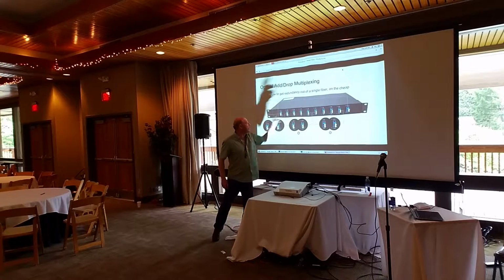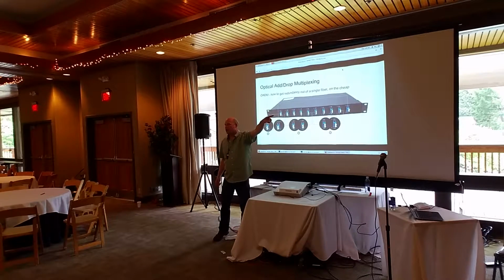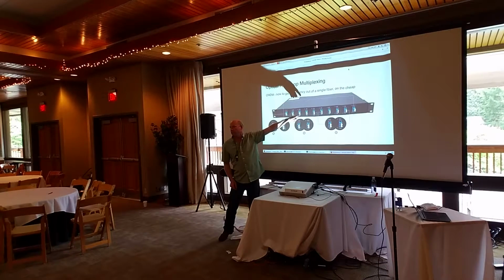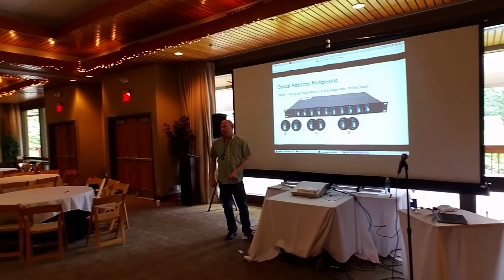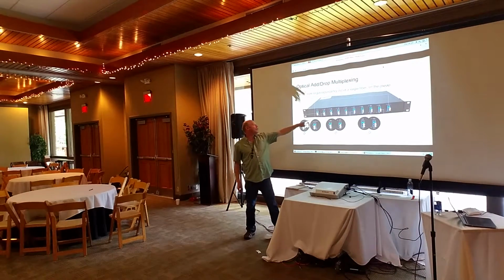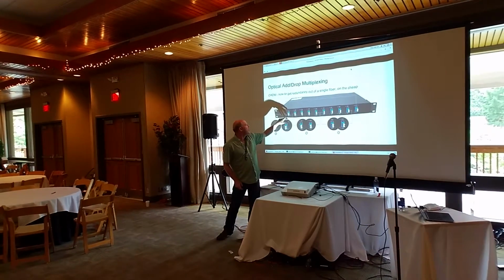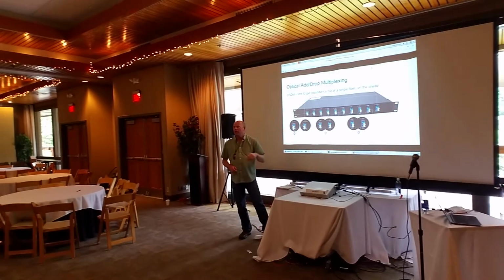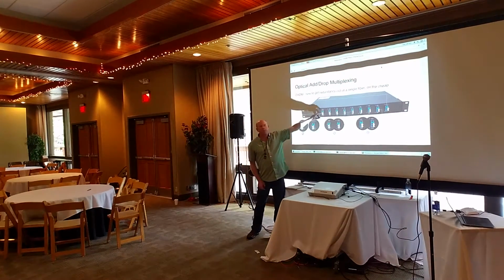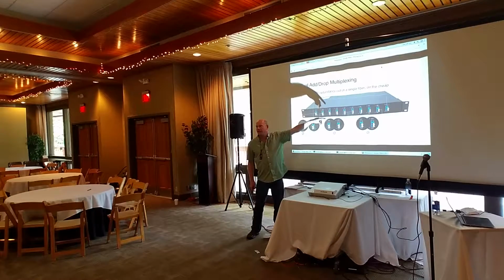Everything that's not one of these just passes through untouched. So this is a light router. And it requires no power, no moving parts. You can get them as low as about $150 per channel. So if you're gonna do just one wavelength, it would be $150 for something like this.